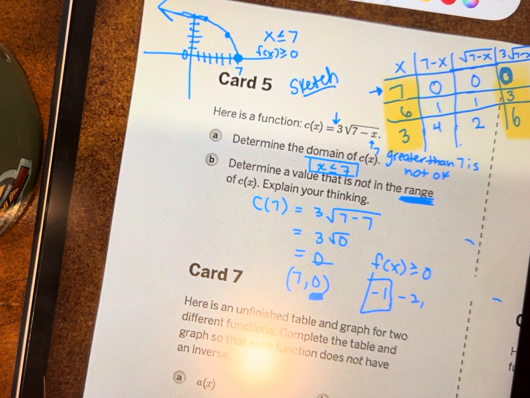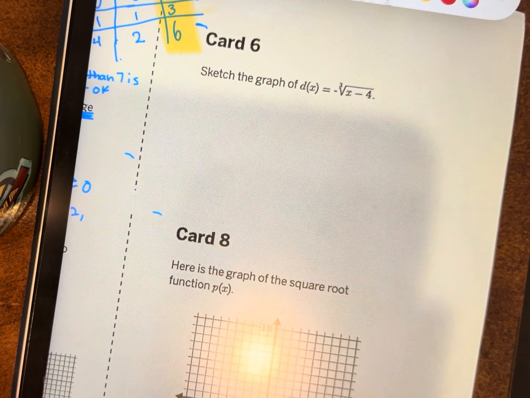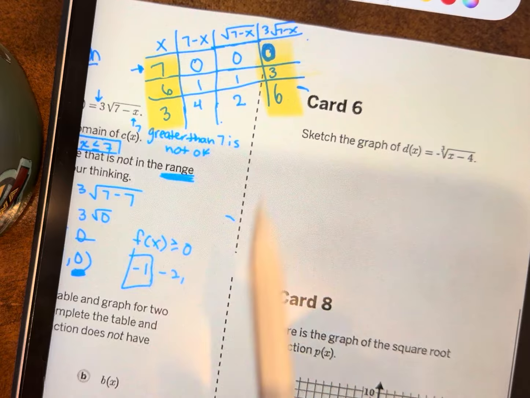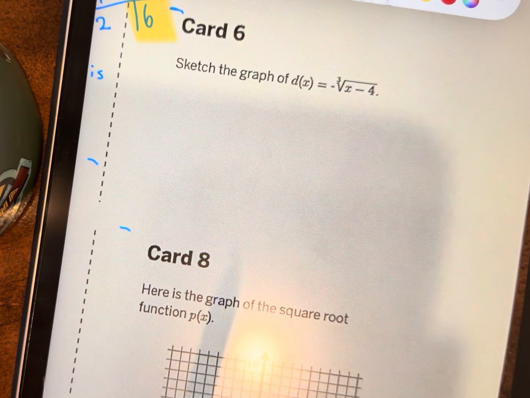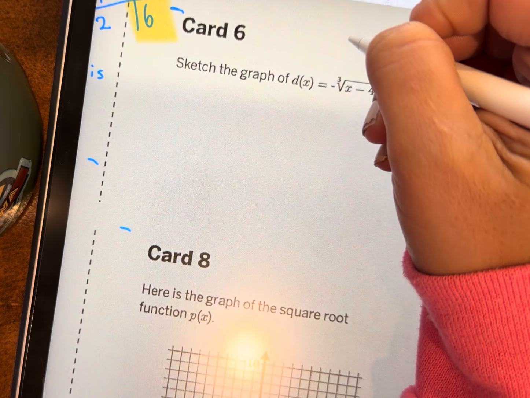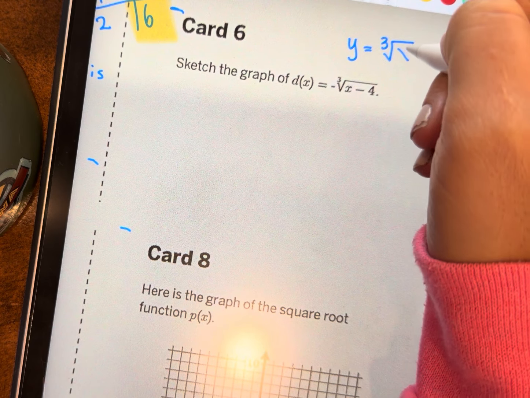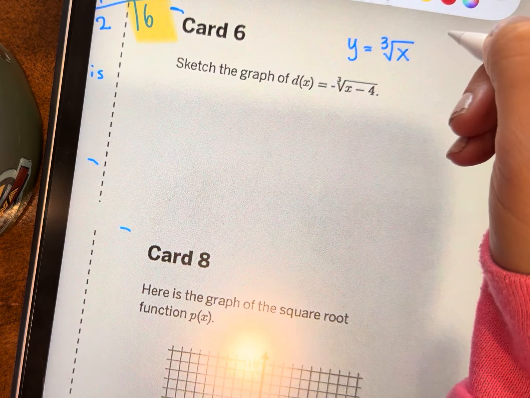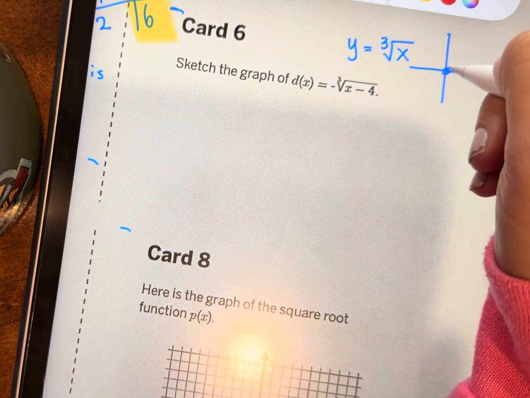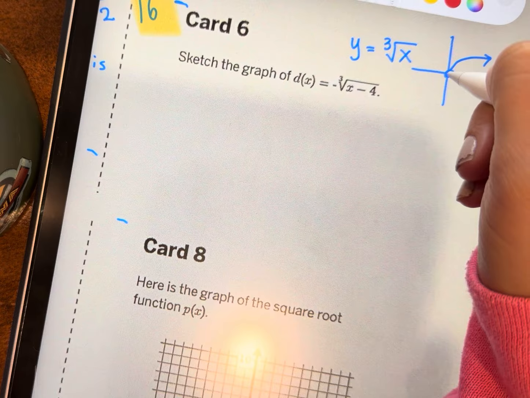Okay, let's move on. Sketch the graph of this guy. All right. You know, I just did a sketch using the table. So in this one, I'm going to do it using transformations. This guy has a parent function. That's the cube root. That's the most basic version of this function. And what it looks like is that.